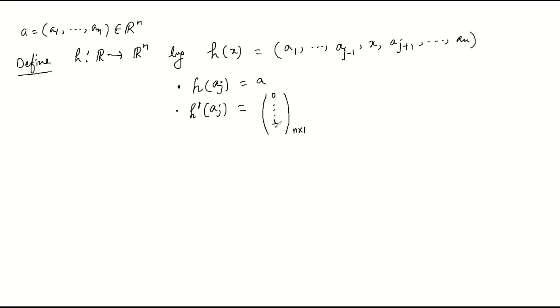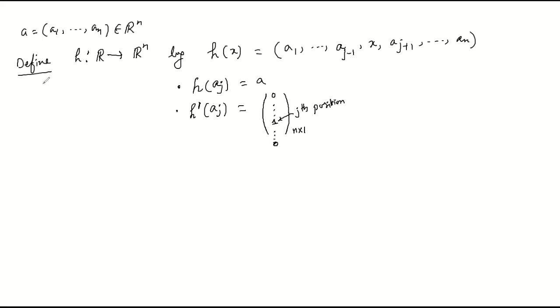Here we have 1, so this is the jth entry. So at the jth position we have 1, and at all the other positions we have 0. So this is the derivative of h.